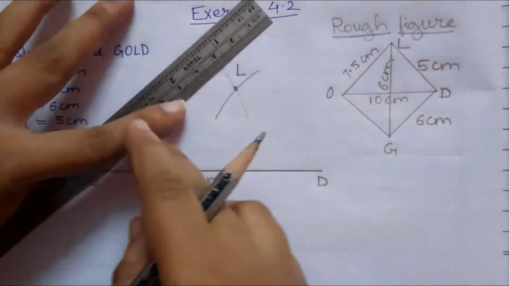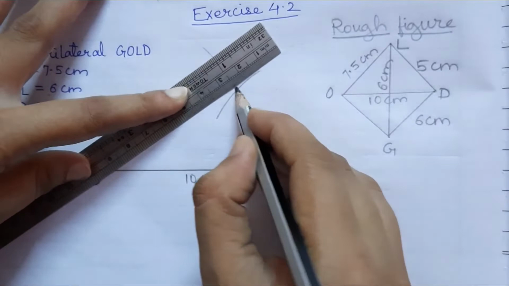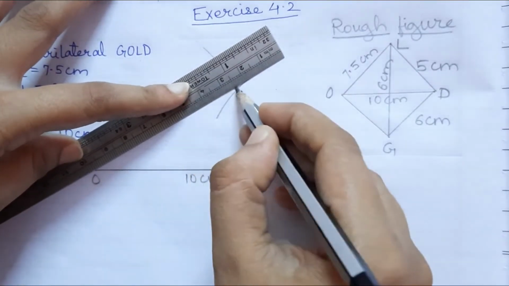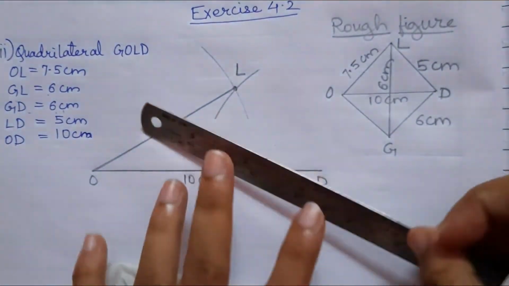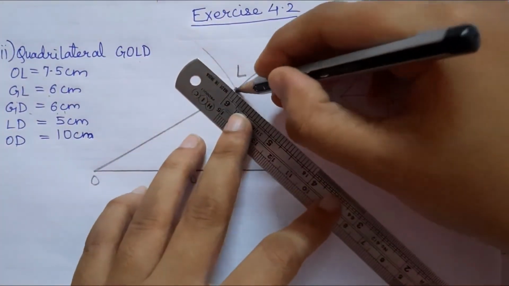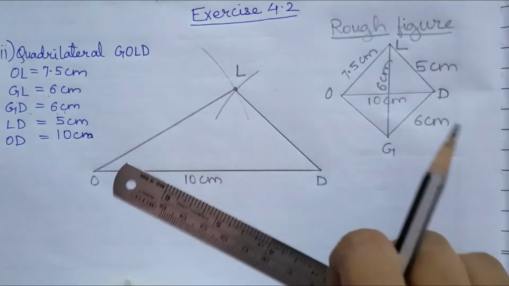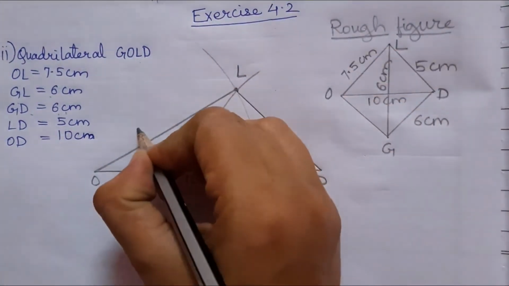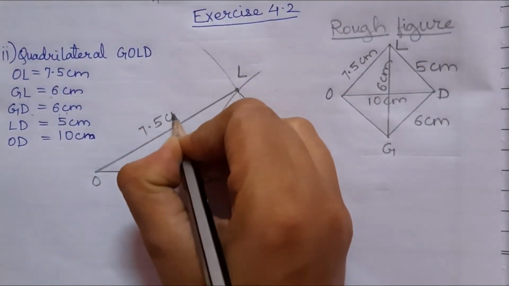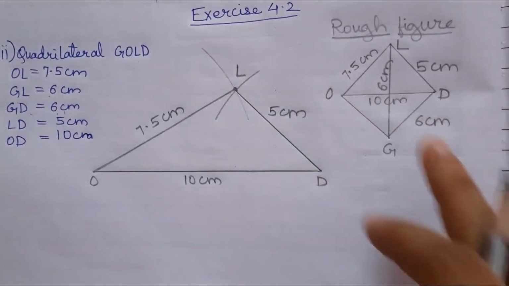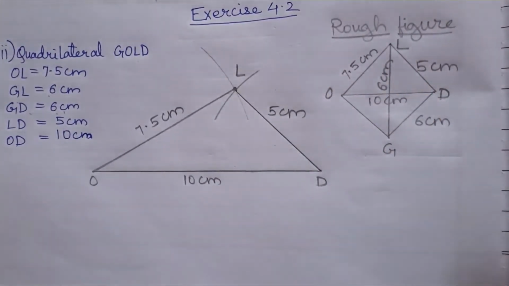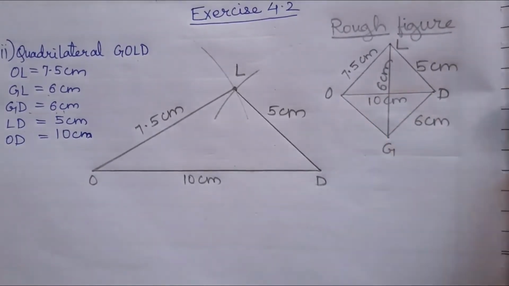So now we will construct LO. And LD. LO was 7.5 centimeter and LD is 5 centimeter. Okay, so the upper half of this quadrilateral is done. Now we will do the lower half.